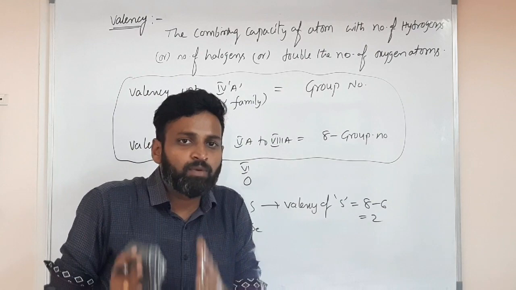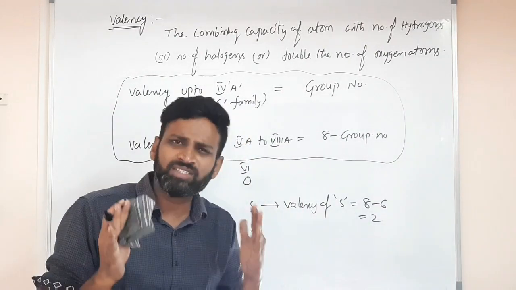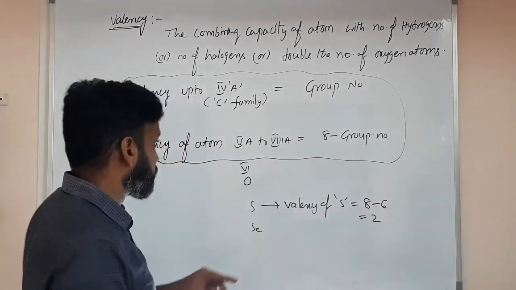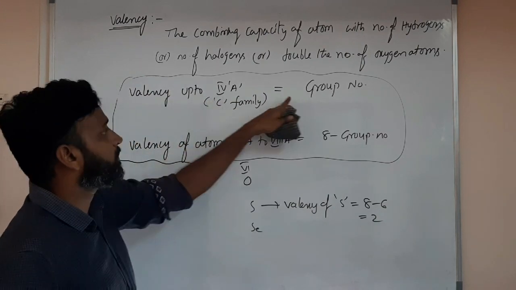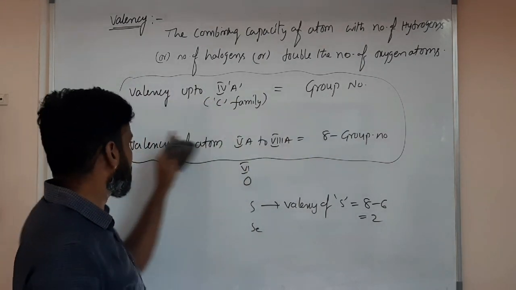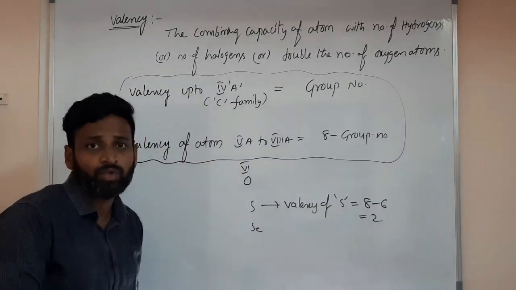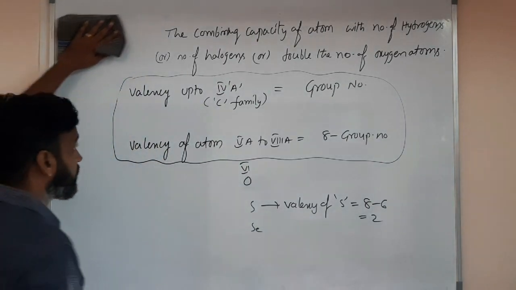But in S block elements and P block elements, there are certain fixed valencies. So the valency of up to 4A group elements is the group number, and the valency of an atom from 5A to 8A is 8 minus group number. Please remember these two and take a screenshot and write down please everyone.